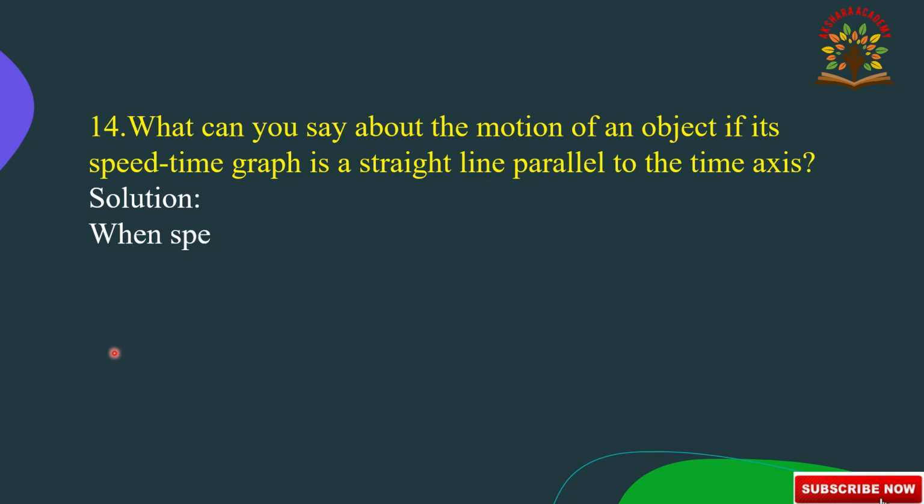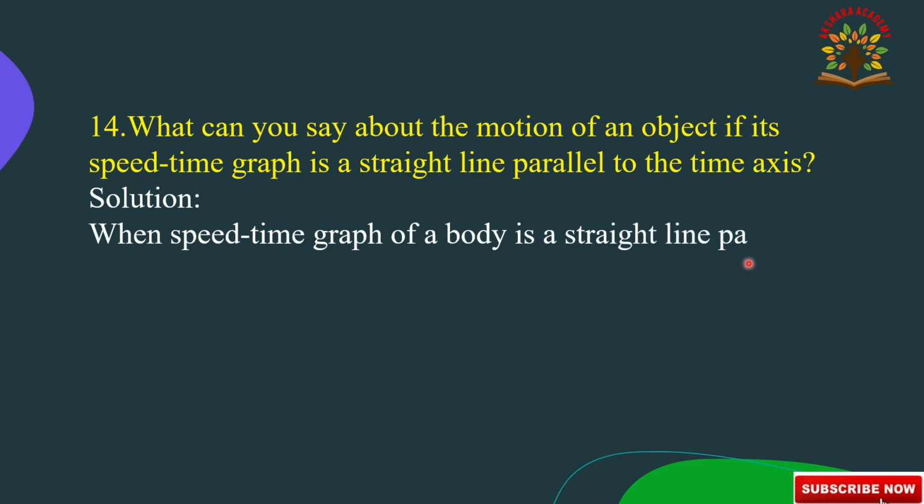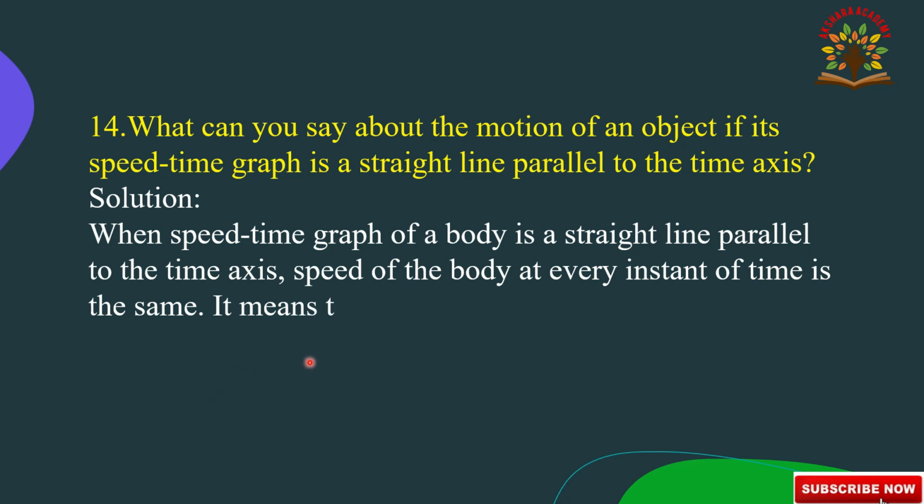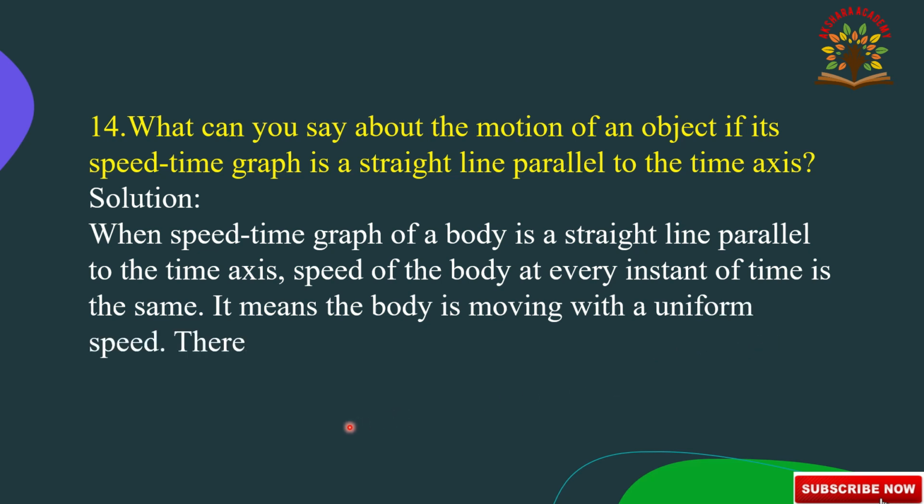When the speed time graph of a body is a straight line parallel to the time axis, the speed of the body at every instant of time is the same. It means that the body is moving with a uniform speed. There is no acceleration at all.